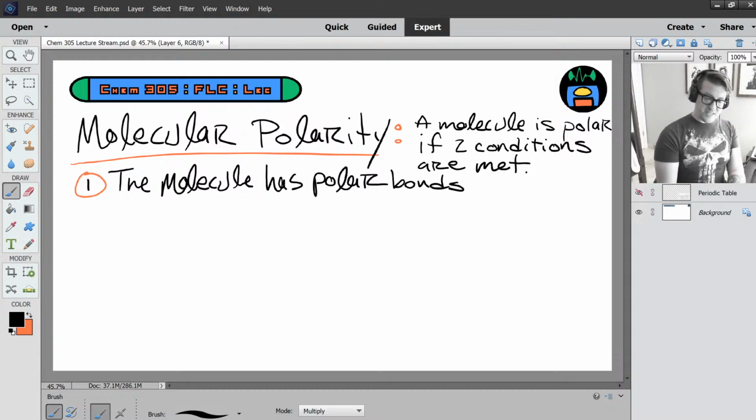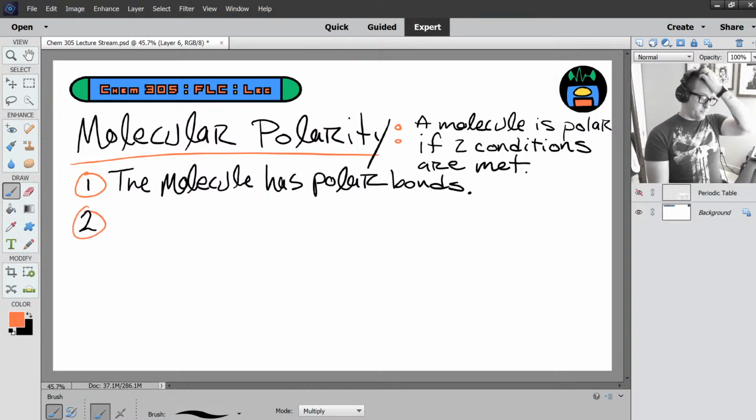All right. If it does not have polar bonds, it's automatically not polar. All right. But having polar bonds isn't enough to make a molecule polar.